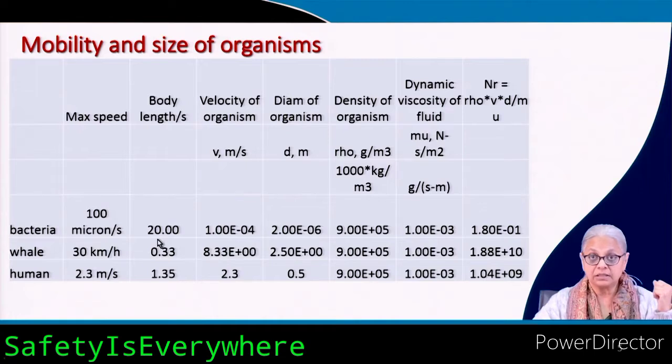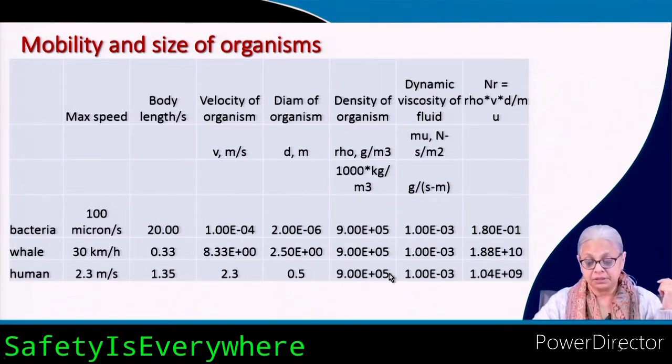But on a relative scale, because you cannot compare a micron sized organism with a 2.5 meter diameter whale, you have to give it a sense of relativity, which the body length per second gives you.